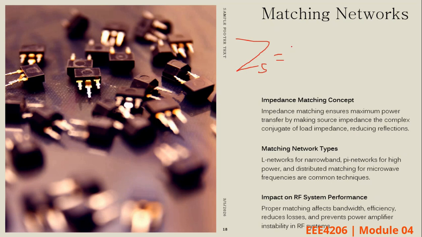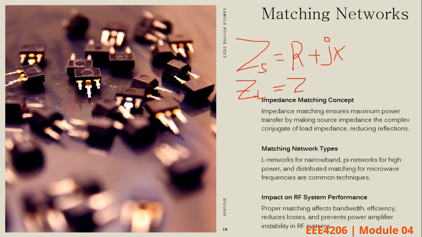You have your resistive network plus your reactive part, and you can have X here, the X value. So if this is the source impedance, then the load impedance must be the complex conjugate. The load has to be the complex conjugate of that.